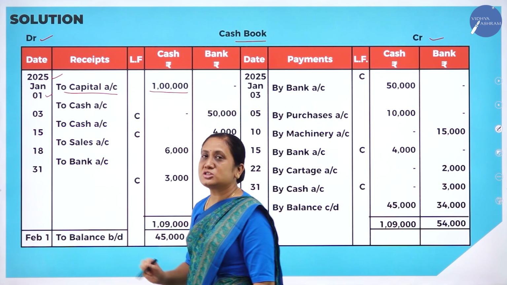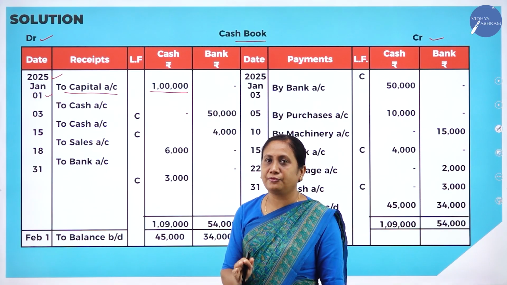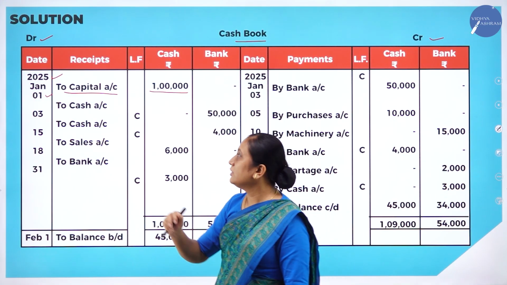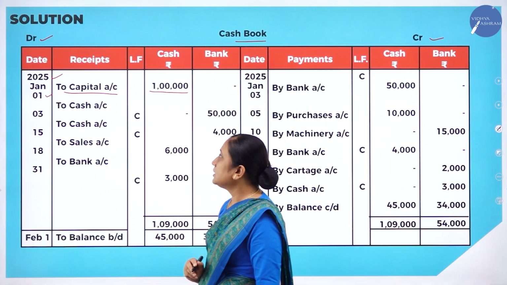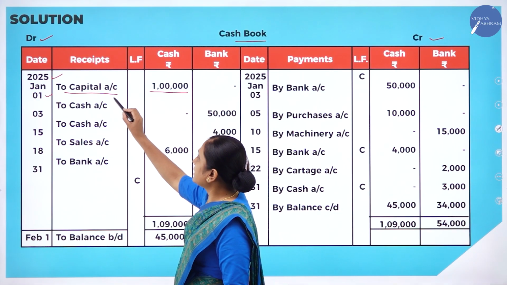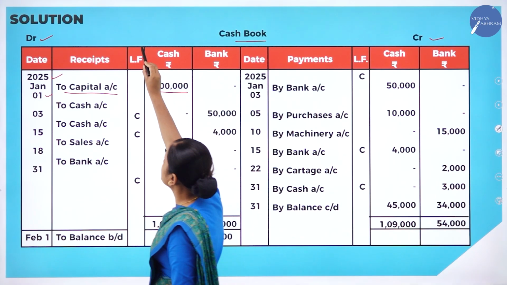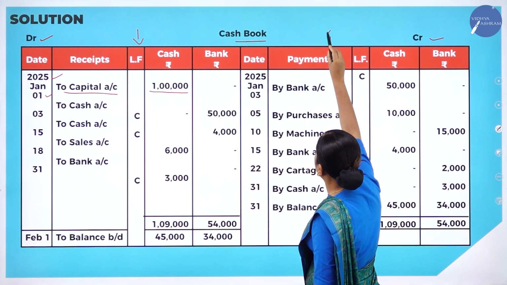See here, it is not the previous month's brought down. It is not the opening balance. If it was the opening balance, in our previous problem we wrote it as to balance brought down. Correct? But here the cash is coming in. Cash coming in means debit side. If cash is going out, it means credit side. Followed?